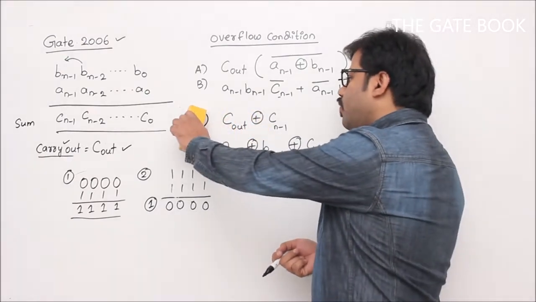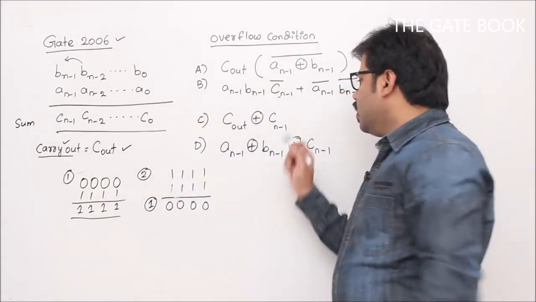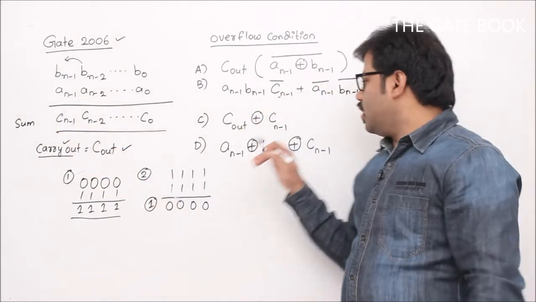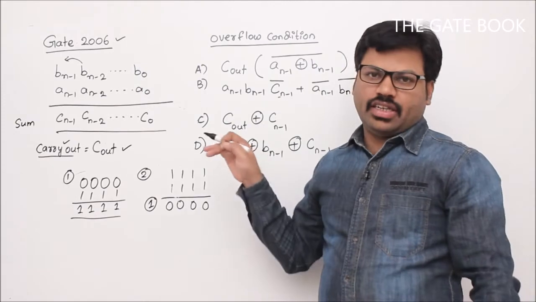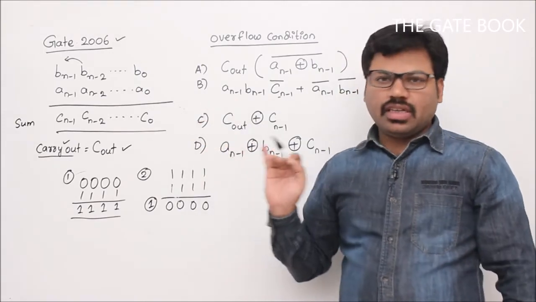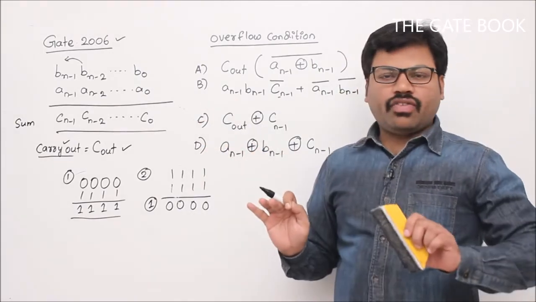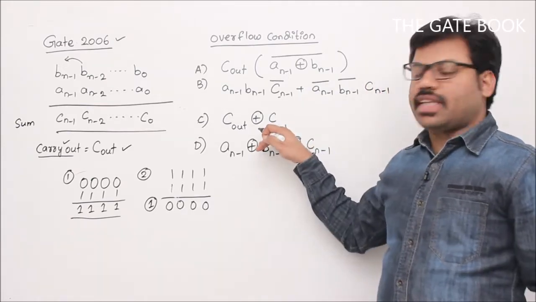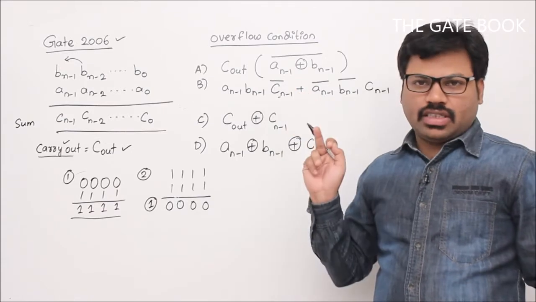But be careful and understand the concept clearly. Cn minus 1 in the question is not really our Cn minus 1; it represents something different here. That's why this option may not be the correct one. I'm not saying that it is wrong, but we should check, because this Cn minus 1 is actually Sn minus 1 in our discussion, right?